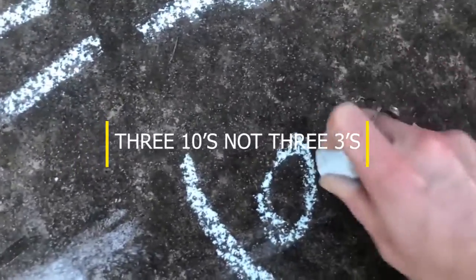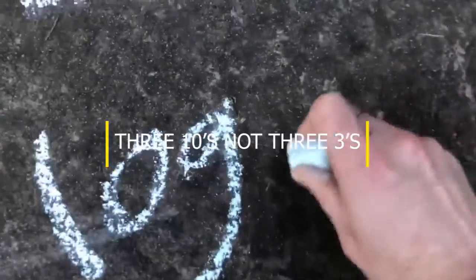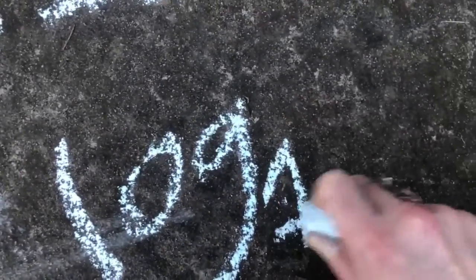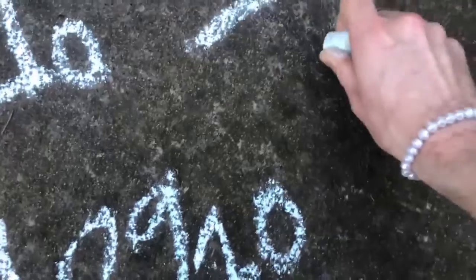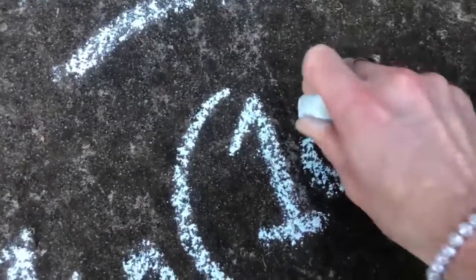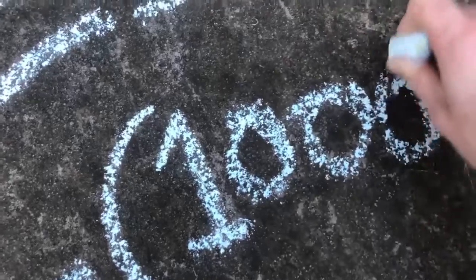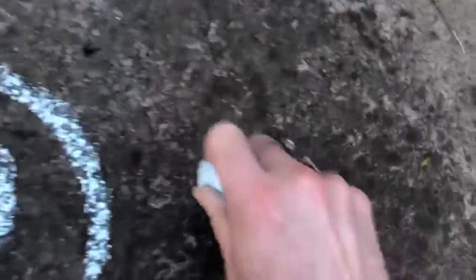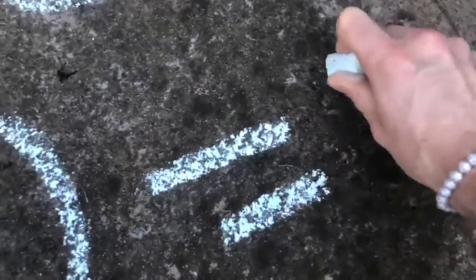So we can see there are 3 tens, so log base 10 of 1,000 equals 3.